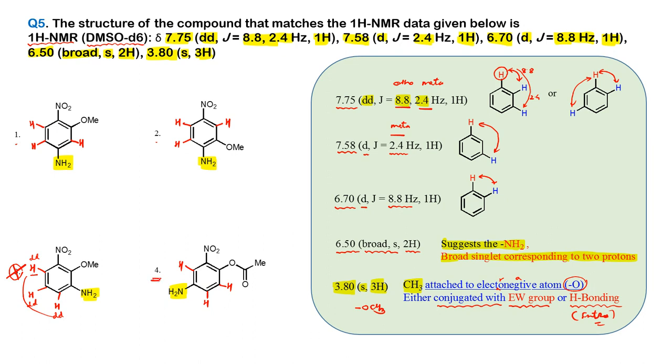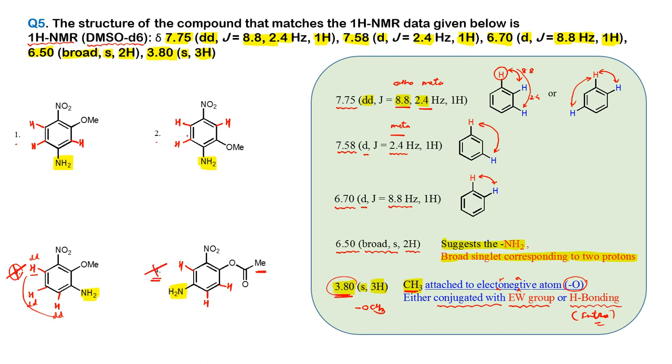And for compound 4, if you are observing, one of the things suggests that this CH3 should be attached to an electronegative atom. But in this case, we are observing that this CH3 is connected to the carbonyl and it will not come around 3.8. So this CH3 will not match the 3.8 value. Therefore, this probability is also ruled out.